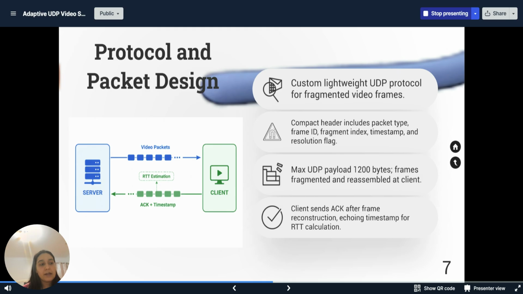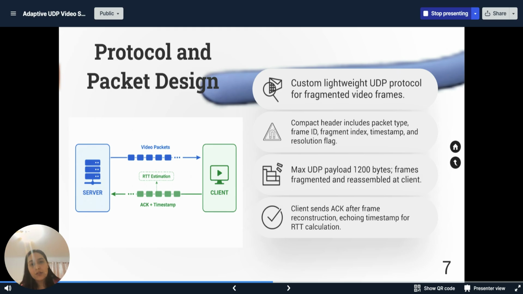The frame ID is what enables the client to reconstruct the frame from the fragments, but also reorder the frames, because we know frames can come out of order just because of UDP. And then we have the fragment index, so we know where the fragment belongs. And then we have the timestamp, which allows the server to estimate the RTT, the round trip time, which we're going to touch on in a minute.